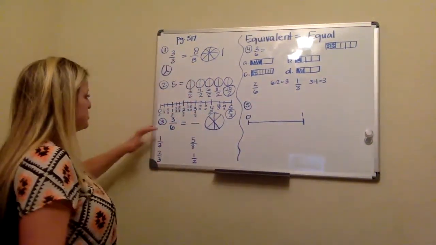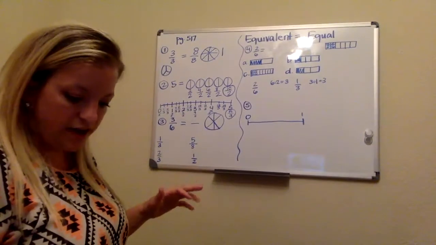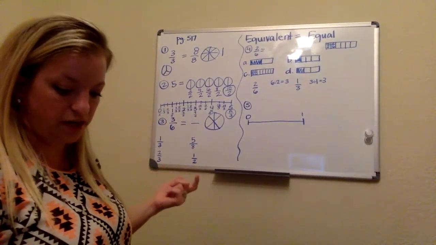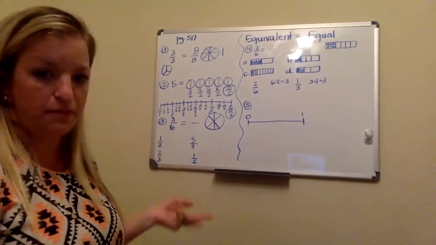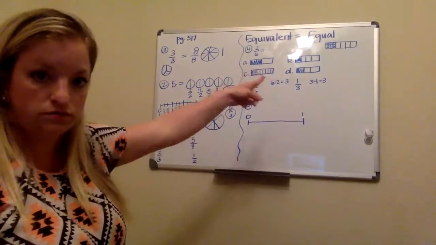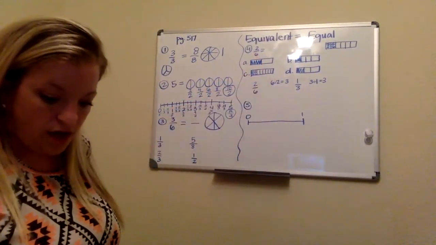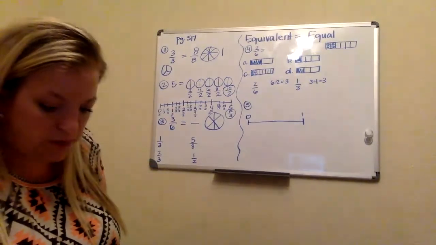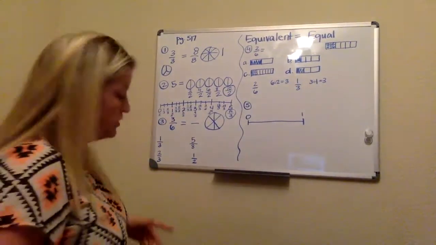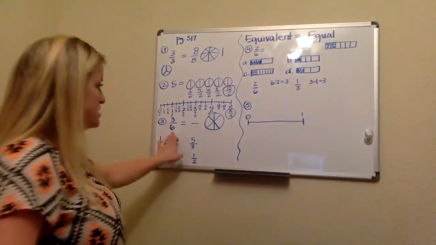All right, number 3. Kaya ate 3/6 of a banana. Zoe ate an equivalent amount. Equivalent means equal, right there. Which fraction shows how much of a banana Zoe ate? So we need to find out what is equivalent to 3/6.